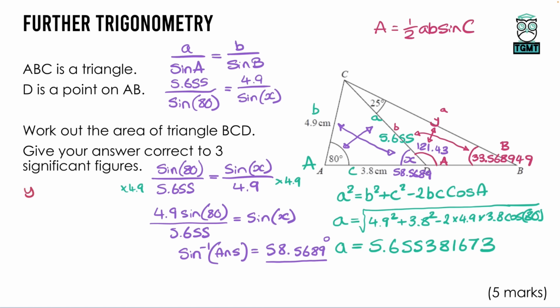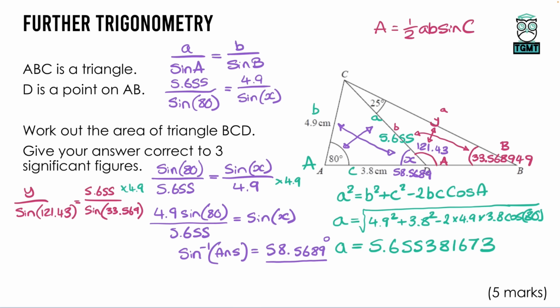So we have y over sine of 121.43, and that is equal to 5.655 over sine of 33.568, or just round up for my bracket here, so 569.